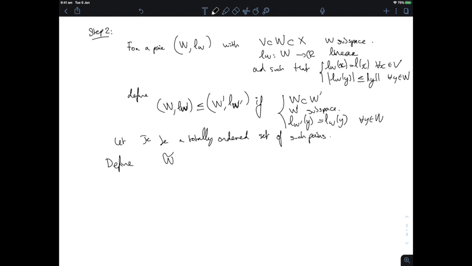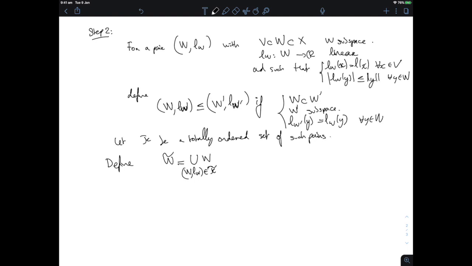How do I get my upper bound? Well, I have sets, they all have an inclusion relation, so I can take the union of all those sets over all pairs in my family F, right? And that's going to give me a subspace because of the total ordering property.